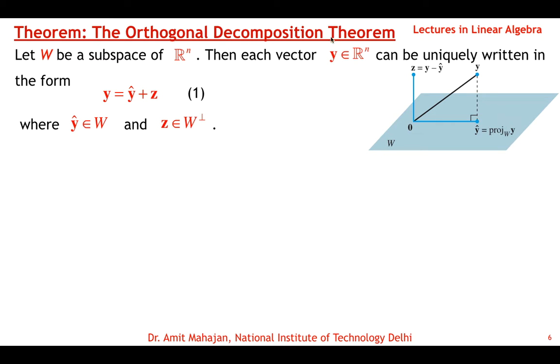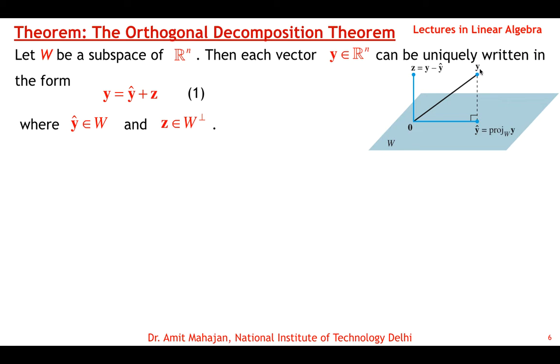The orthogonal decomposition theorem. Okay, so let W be a subspace of Rn, then each vector y in the Rn space can be uniquely written in the form y as y cap plus z, where y cap is in the space W and z is in the W perpendicular space.